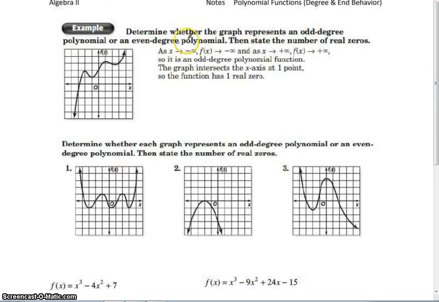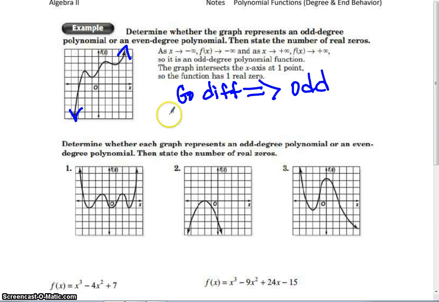Looking at the first example: determine whether the graph represents an odd degree polynomial or an even degree polynomial, and then state the number of real zeros. Notice it's going down here and it's going up here, so they're going different directions, right? Since it goes different directions, this means that it must be an odd degree.